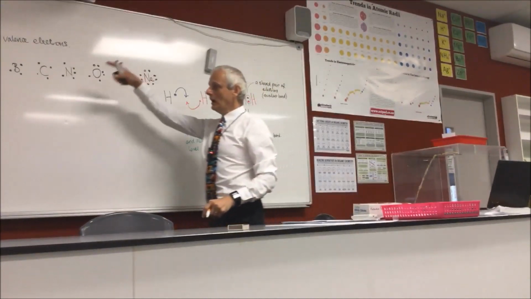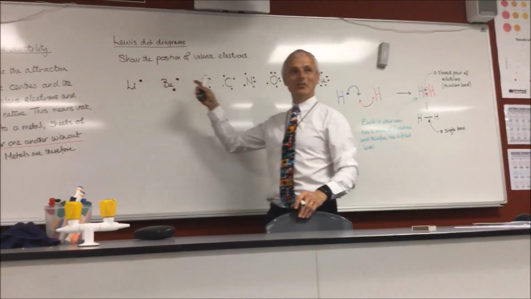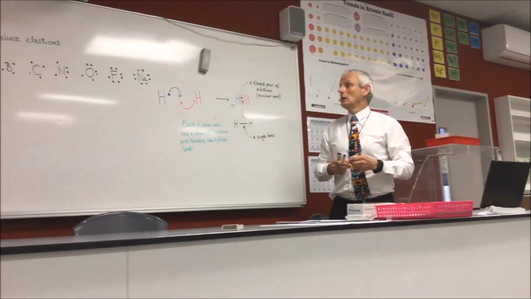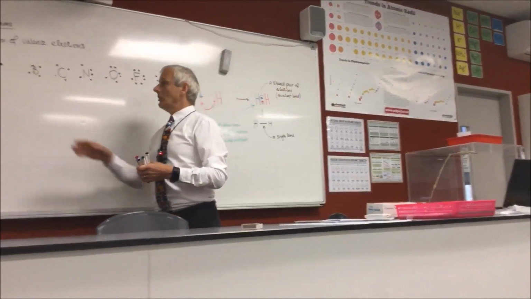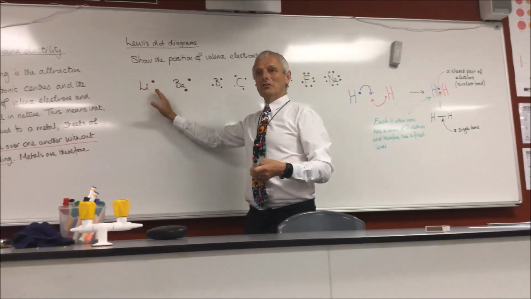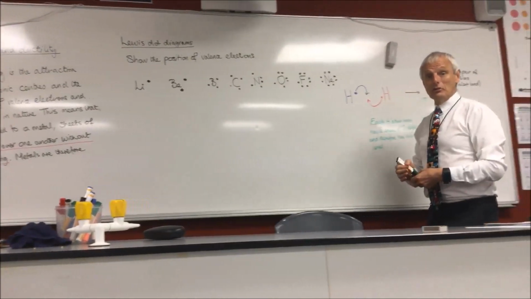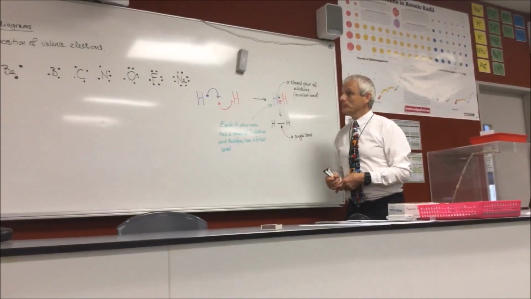So going down a group does not change the number of electrons, because we're only looking at valence electrons. Now this is just an exercise to show you this. We're not actually going to use the metals, but they do have their own associated Lewis atom diagram.